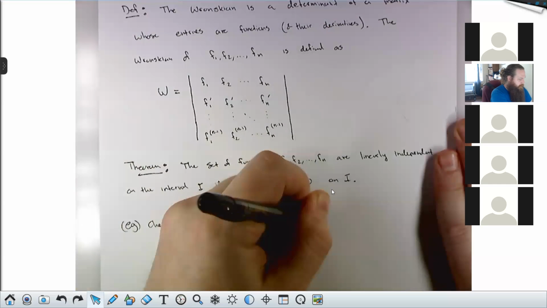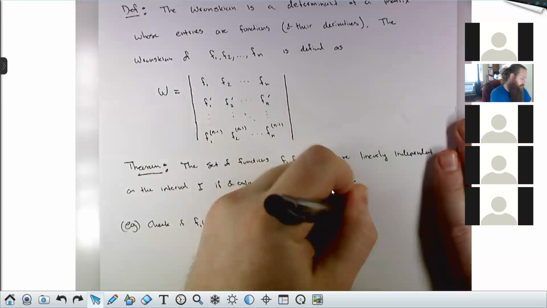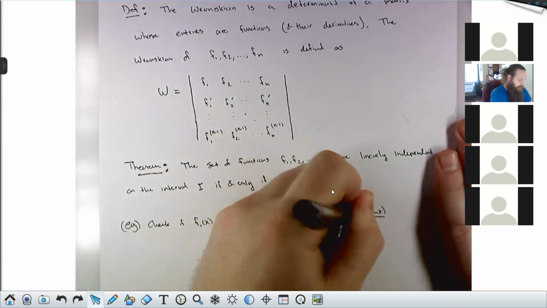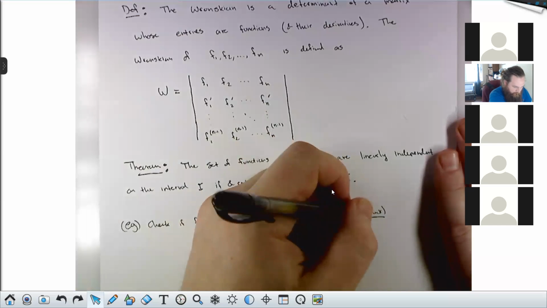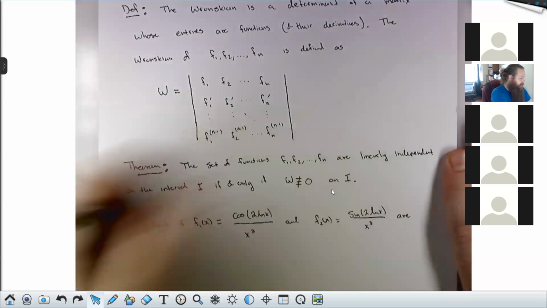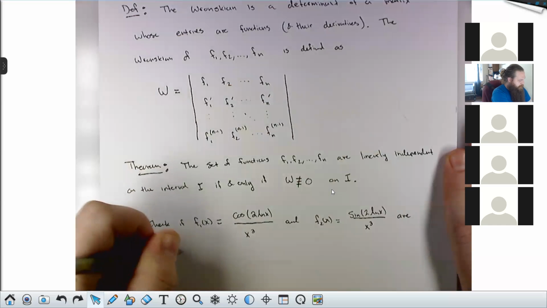And f2, sine of 2 ln x over x cubed, are linearly independent.